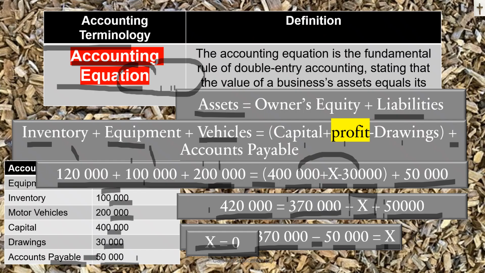So these are examples of calculations that you can get in a test. Remember, the unknown can be capital, it can be equipment, it can be inventory. But what you're doing here, using the accounting equation, is solving for the unknown, whatever the unknown may be. These are typical calculations that you can receive in a test.